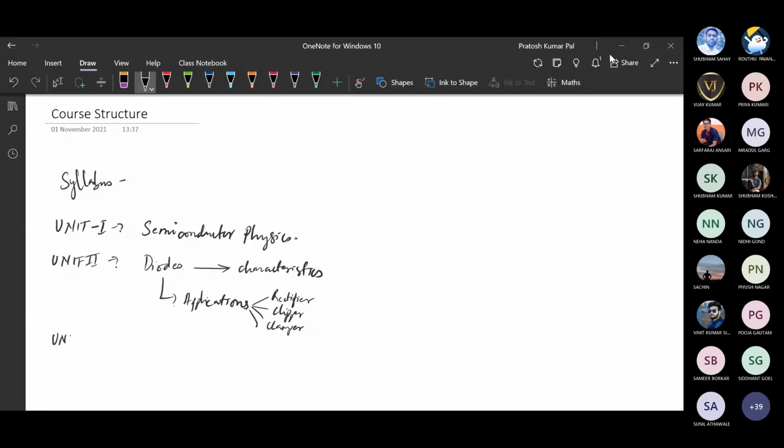In unit third, we will be going with the transistors. In the transistors, we will see the BJT, introduction to JFET, and then introduction to MOSFET. These topics are basically the introduction only.